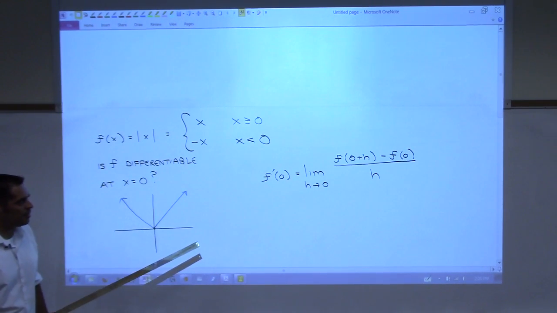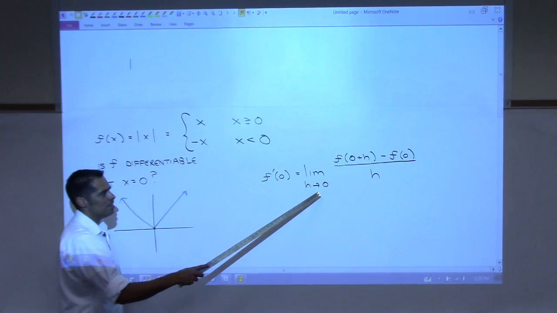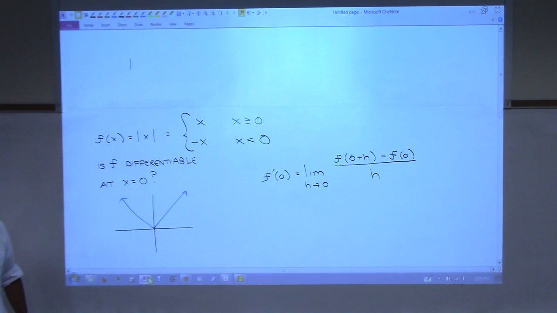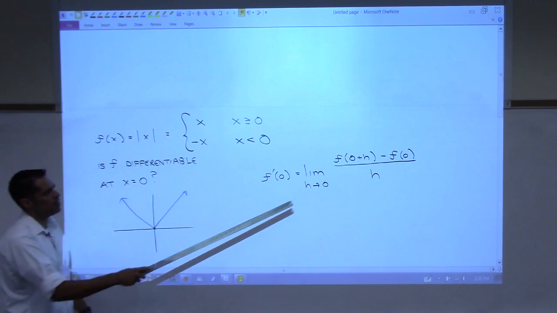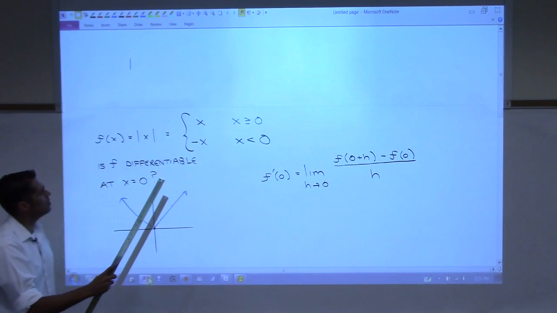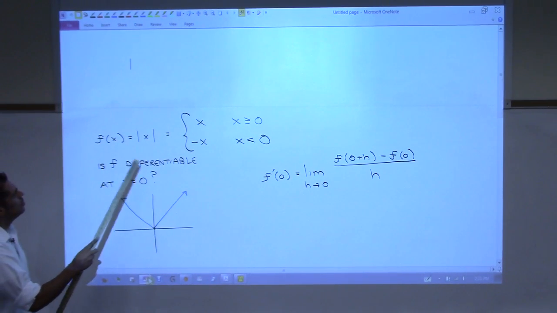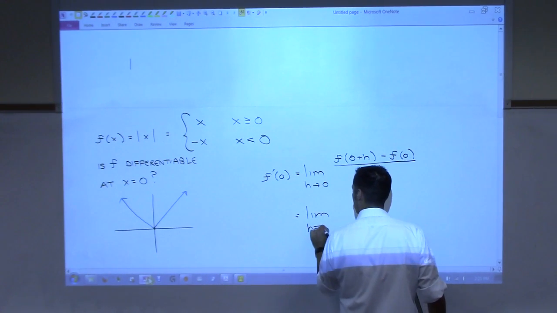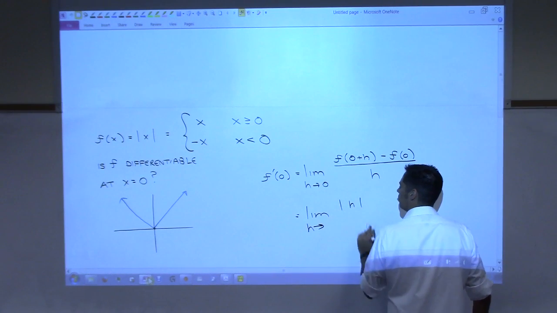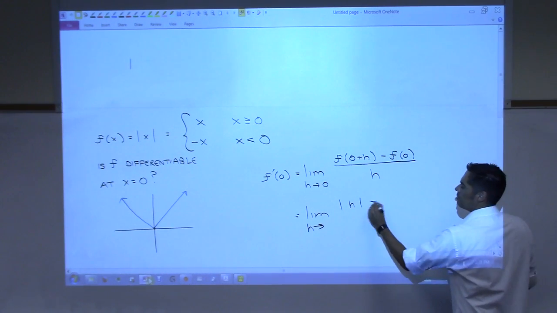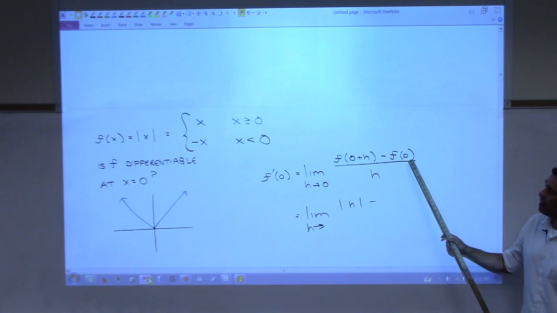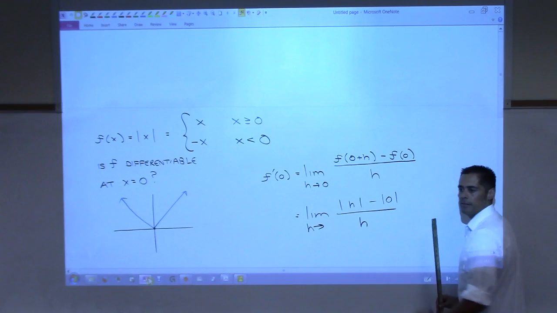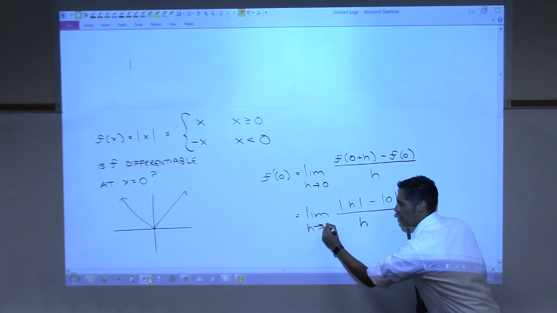Remember, f prime of a was this limit. So let's plug 0 plus h into the function. I have the absolute value of h, minus the absolute value of 0, which is going to be 0, but I'll put it here, all over h. I forgot to put 0 here, sorry.